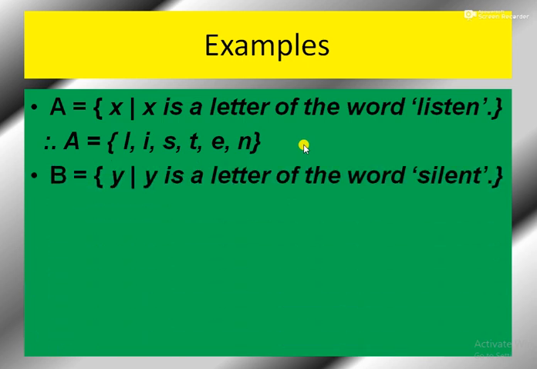Now see set B. Set B is the set of all y such that y is a letter of the word silent. Now let us see the set of the word silent. The spelling of the word silent: B = {S, I, L, E, N, T}.